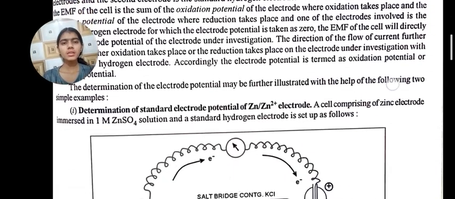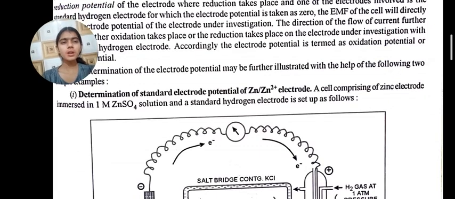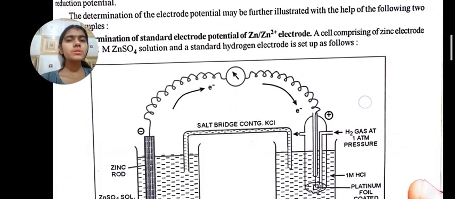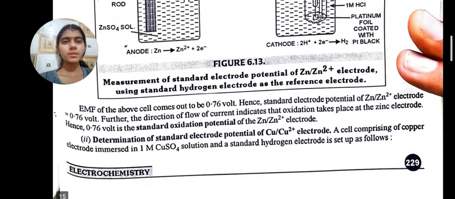First is the determination of standard electrode potential of Zn2+/Zn electrode. A cell comprising a zinc electrode immersed in 1 molar zinc sulfate solution and a standard hydrogen electrode is set up as follows. EMF of the above cell comes out to be 0.76 volt.